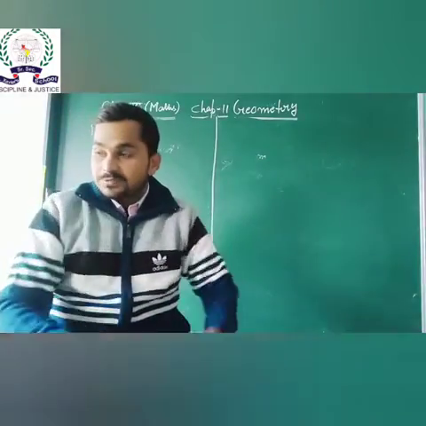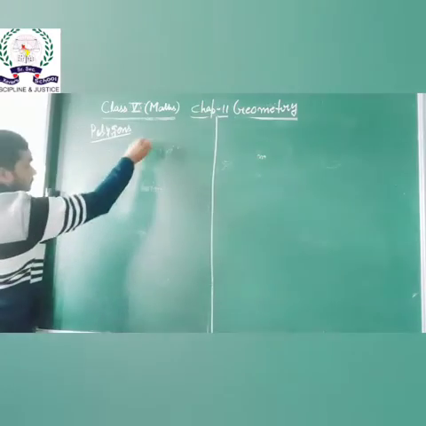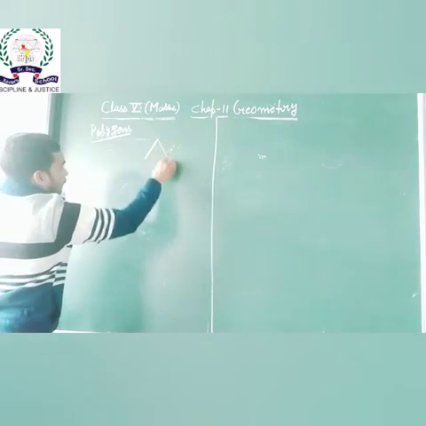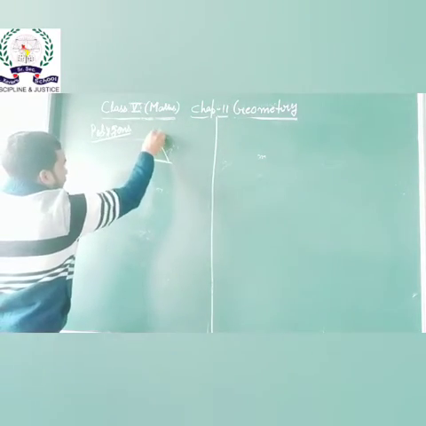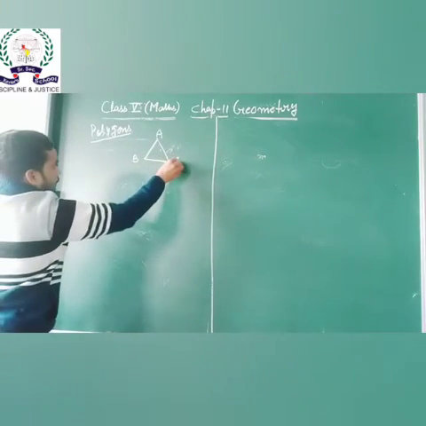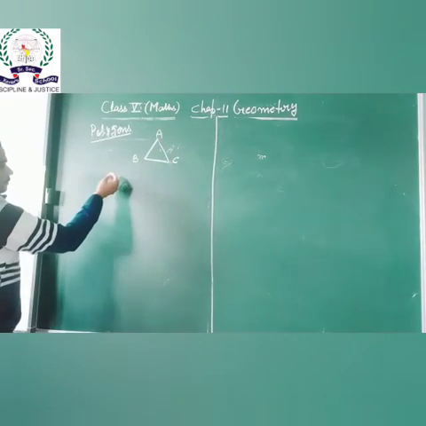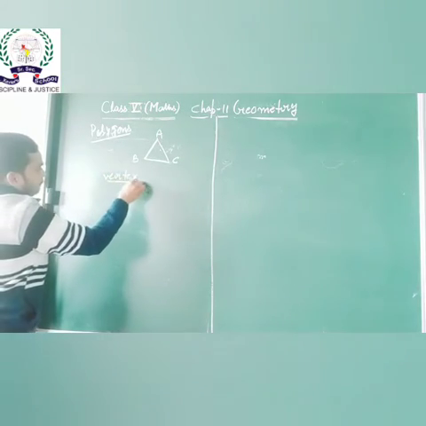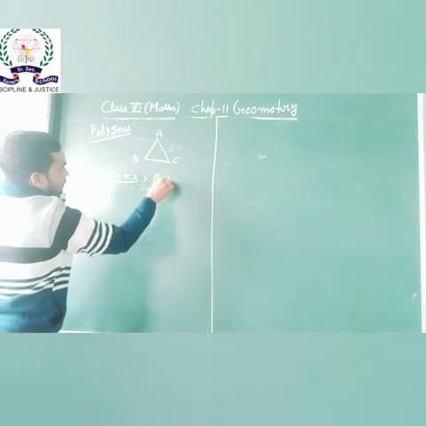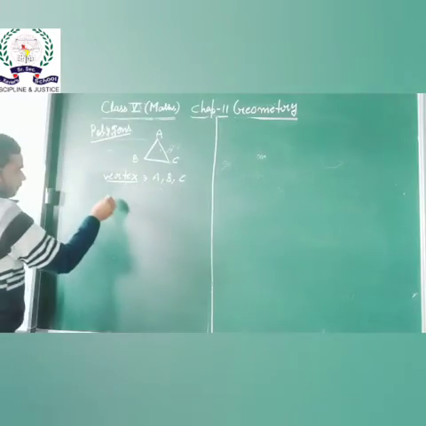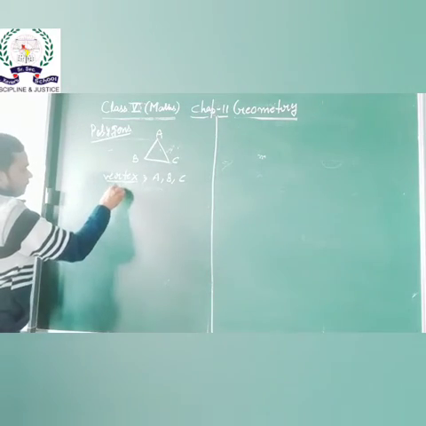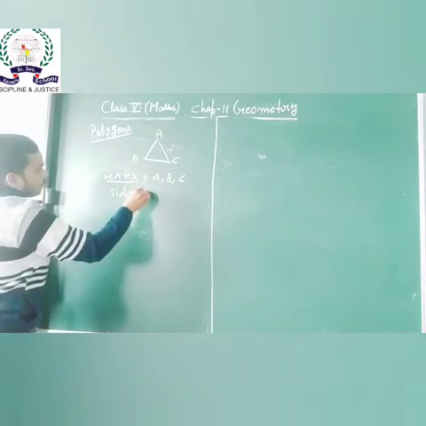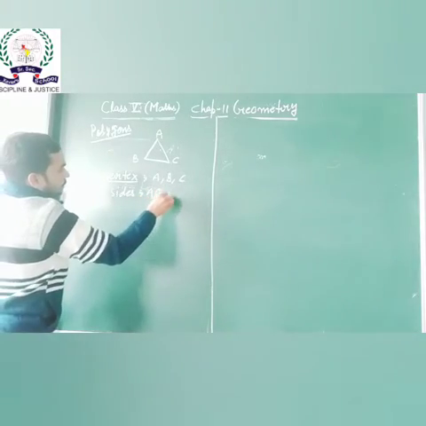Then first we know about the triangle. Let a triangle ABC. The vertices are A, B and C. Sides are AB, BC and CA.